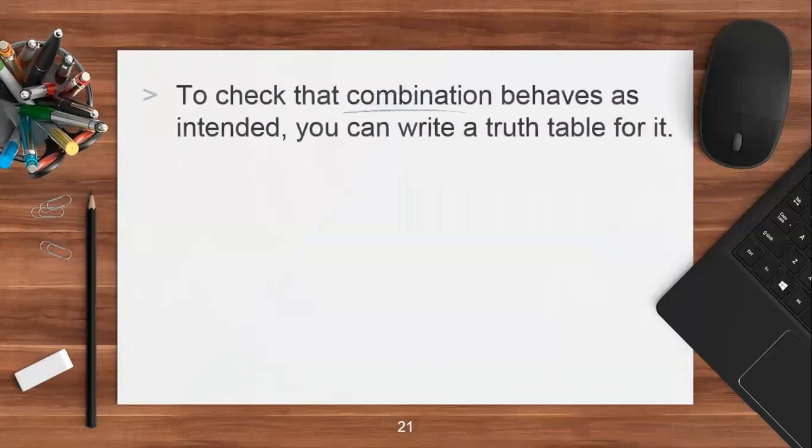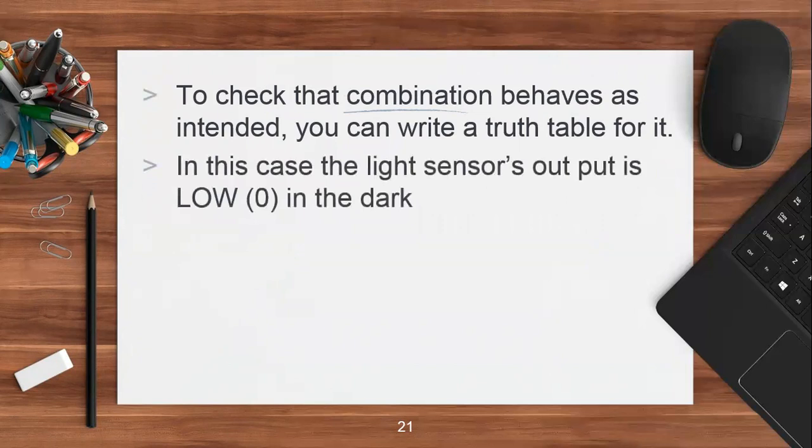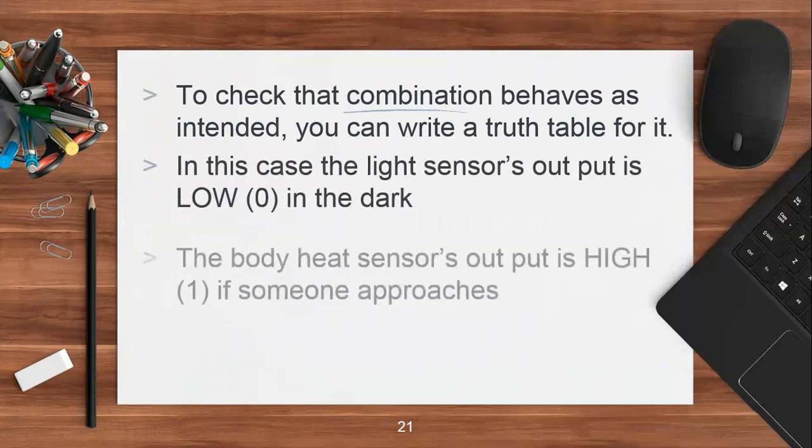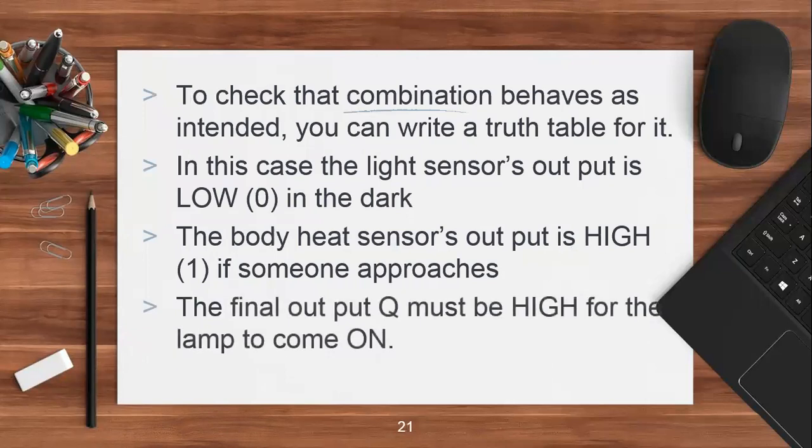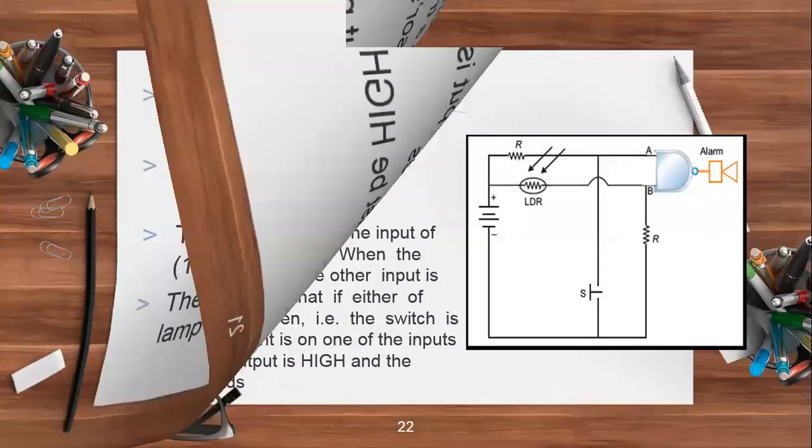To check that the combination behaves as intended, you can write a truth table for it. In this case, the light sensor's output is low in the dark. The body heat sensor output is high, or 1, if someone approaches. The final output Q must be high for the lamp to come on.